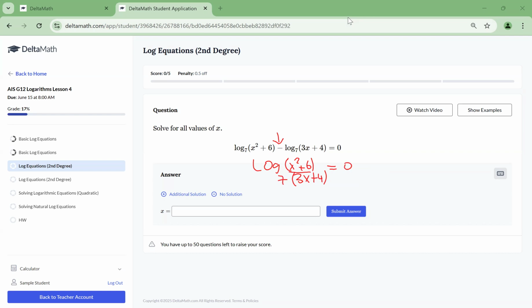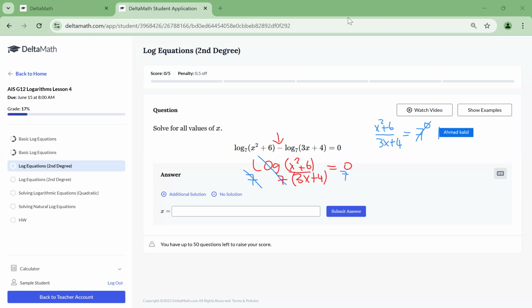Now, to get rid of the base, we can write 7 as a base here and 7 as a base here. So the 7 cancels the log base 7, and we are left with x squared plus 6 over 3x plus 4 equals 7 power 0. 7 power 0 is 1.